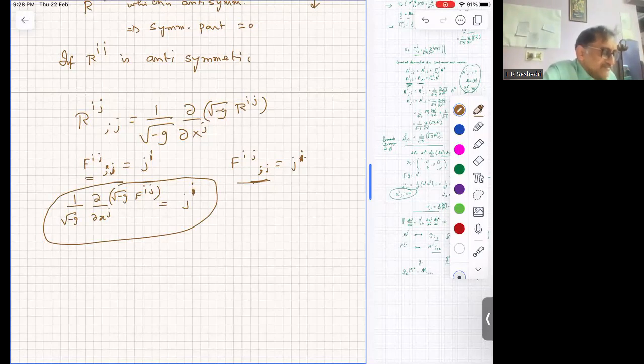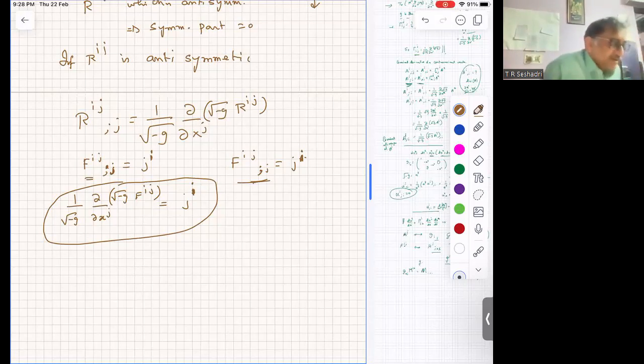Just now I showed how a non-trivial geometry modifies the trajectory of the particle, which was the geodesic equation. Now it tells me how the non-trivial geometry modifies the field configuration.